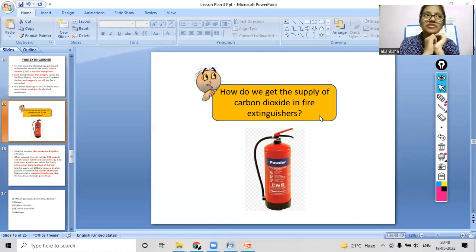Yes, we get it from the labs, the factories, and there are factories that make these fire extinguishers. So for this question, what you have to do is find it on the internet, like from where we are getting the supply of carbon dioxide, right? Okay, so now we will move on ahead and see some more details.